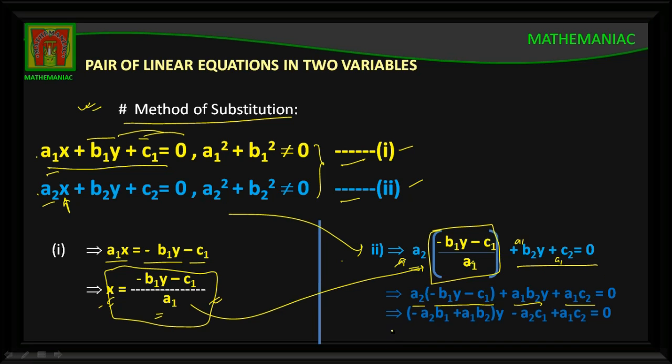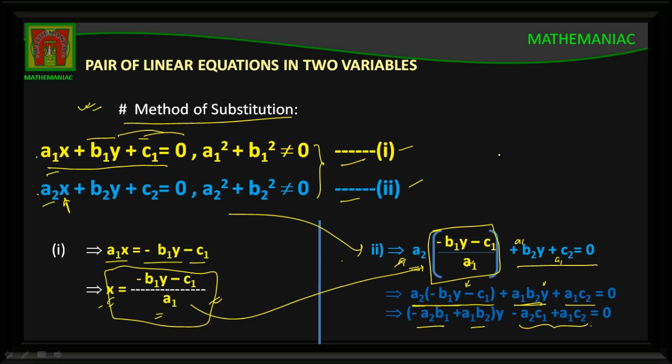Now collect all things together which are like terms, like those terms having y together. If you expand, minus a2b1 and then one more term containing y, that is a1 b2, we collected them together, y is taken common, the other two are kept here.